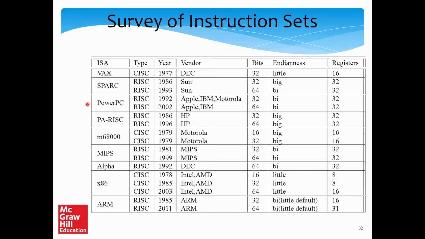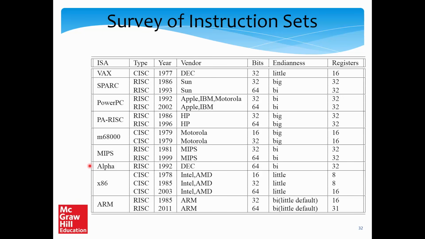Similarly, HP had its own instruction set PA-RISC that's still used in high-end HP servers, and Motorola had its M68K or M68000 instruction set that was being used in Motorola processors. Now, of course, they are not in the processor business anymore. Another very popular instruction set is the MIPS instruction set, which is also a RISC instruction set. MIPS has 32 registers. Now MIPS is used in some small embedded processors, but most of the embedded processors have actually migrated to Intel and ARM.